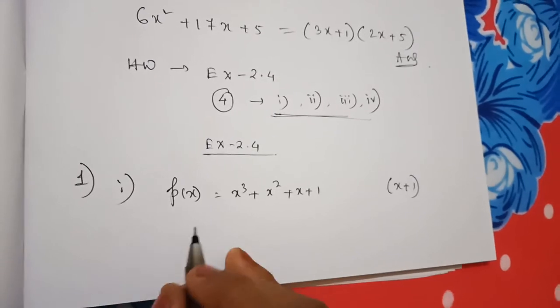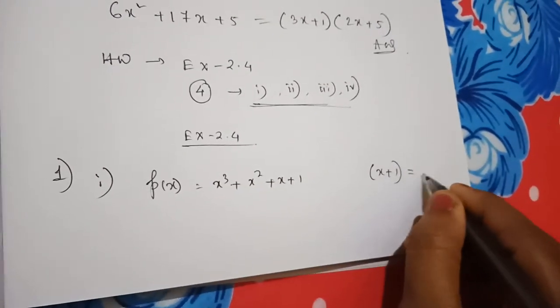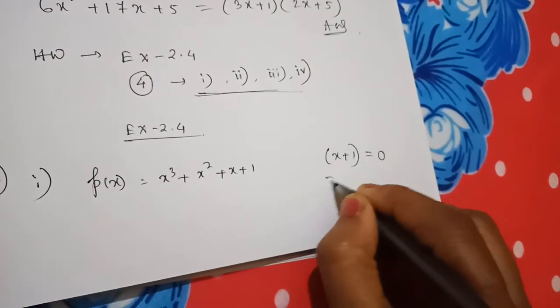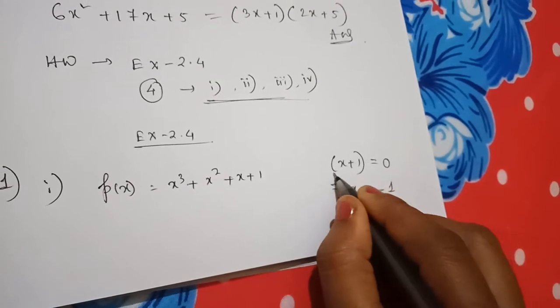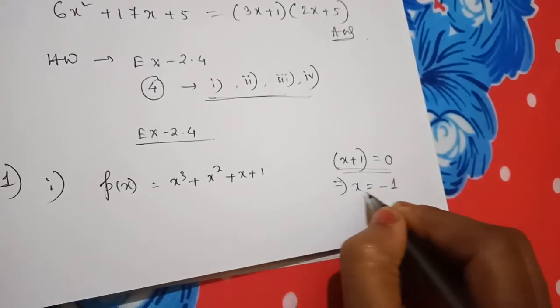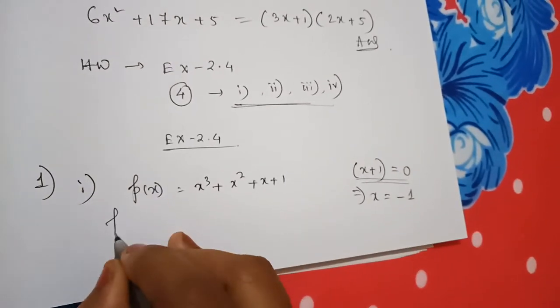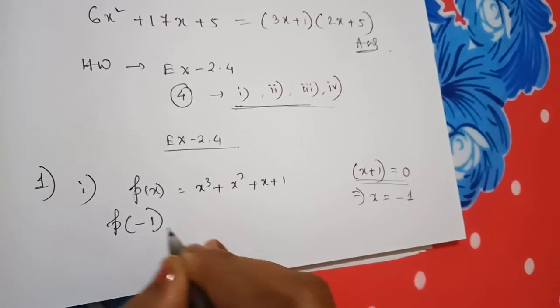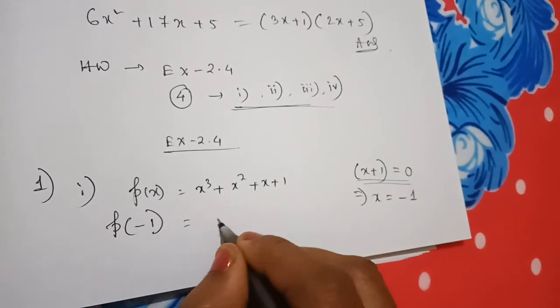How will we do that? First, we will make it 0. That means we are getting x equals minus 1. We will make this one as 0, so x equals minus 1. Now we will put minus 1 in place of x. That means we will find the value of p of minus 1.